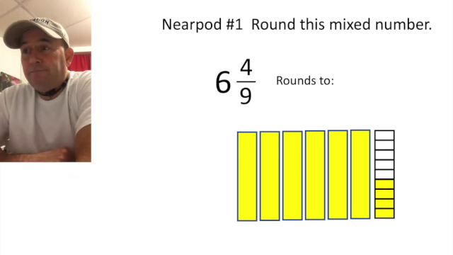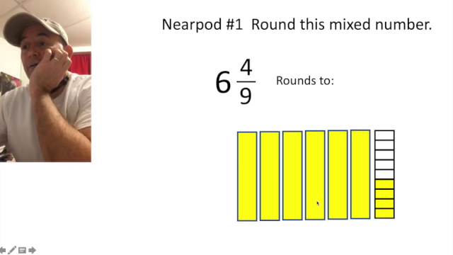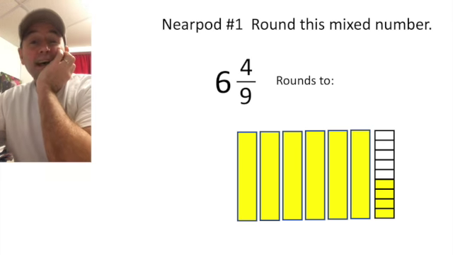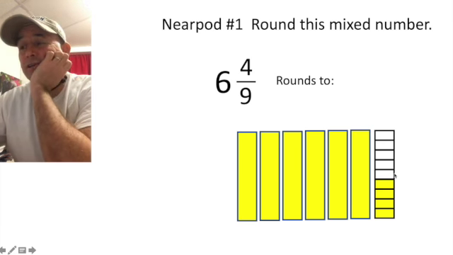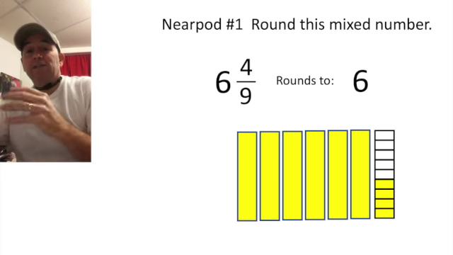Okay. All right, well, how did they do? Good? All right, well, 6 and 4/9, if you look at the model, we have 6 full units and 4 out of the 9. Well, half of 9 is 4.5, and so you can see that the yellow is clearly not the halfway point. So it would be logical to round it down to 6.